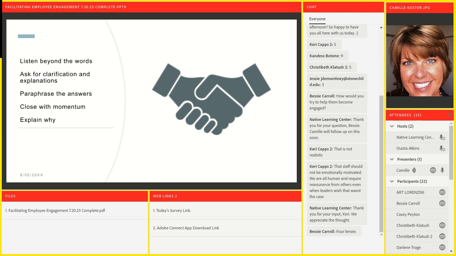And discouragement can take an engaged employee to a not engaged employee if it happens very regularly. So, even if we can't implement, like I mentioned earlier, even if we can't do anything today with an idea, it's so great to be able to thank them, to say, hey, I can't move forward with this today, but I'm definitely going to keep this in mind. And thank you so much for your feedback.